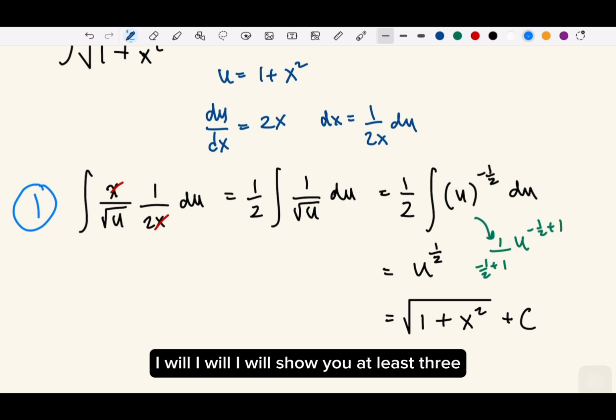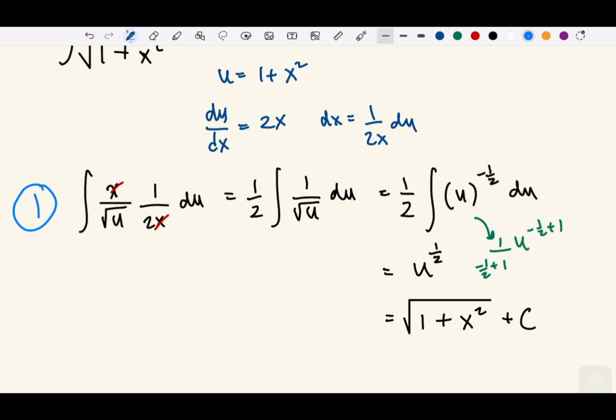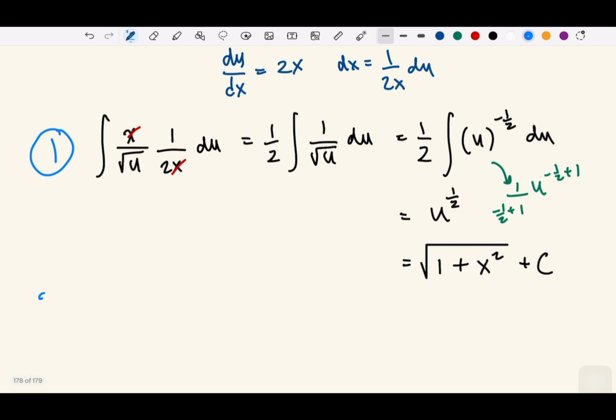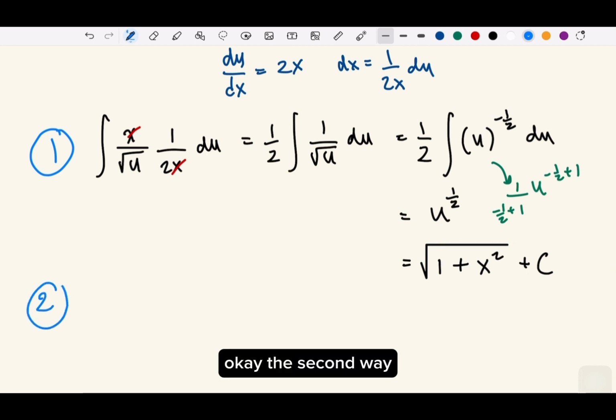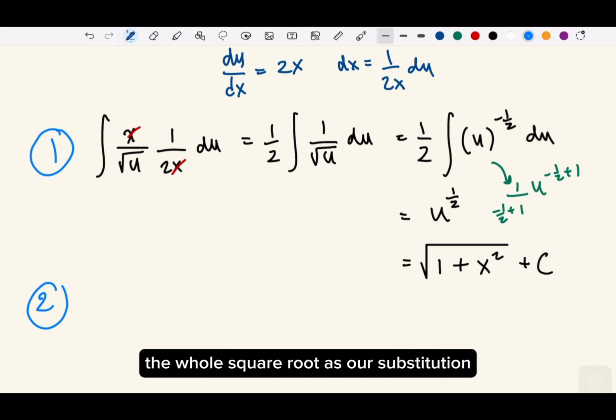I will show you at least three ways. The second way is we are going to use the whole square root as our substitution.